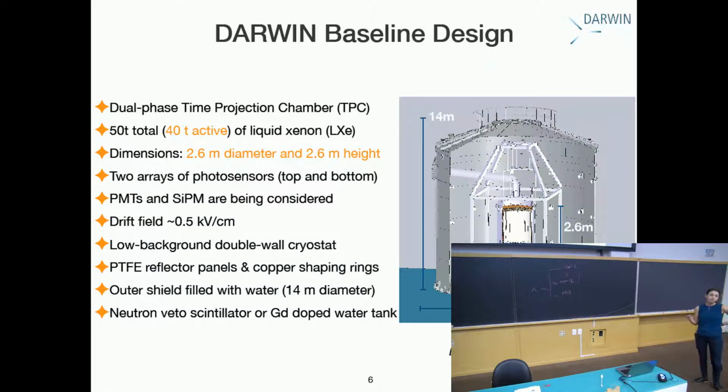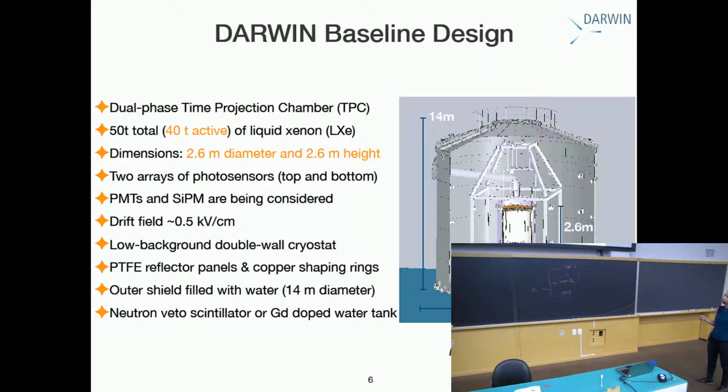And we are considering whether we keep the PMTs that worked well for XENON1T, or change to something like silicon PMs that have a lower background. Those are part of our R&D right now.